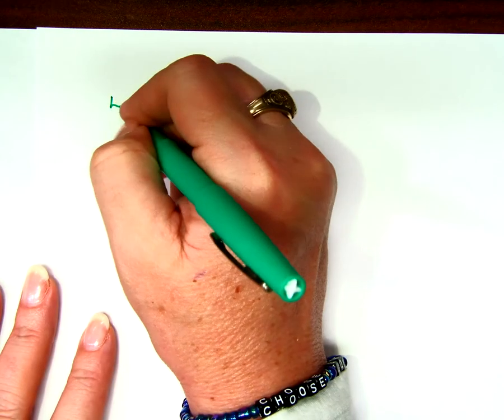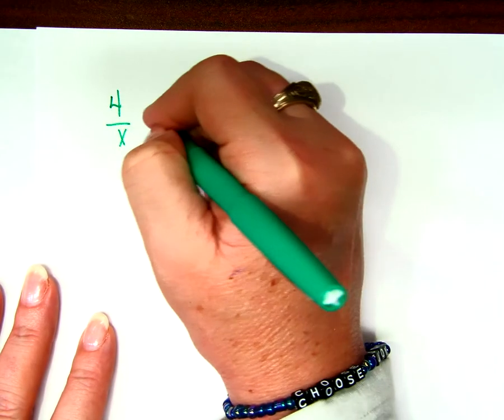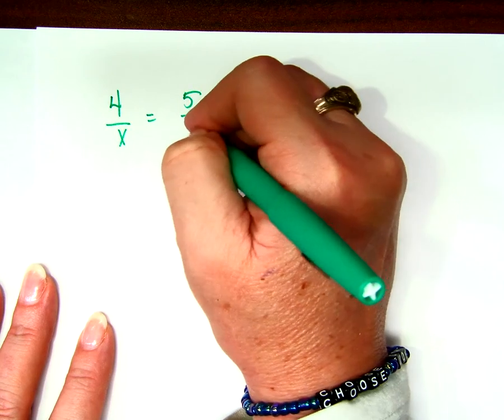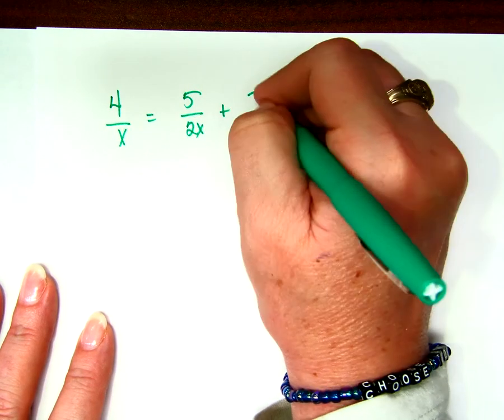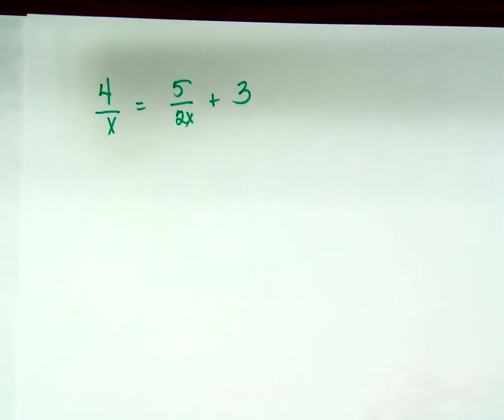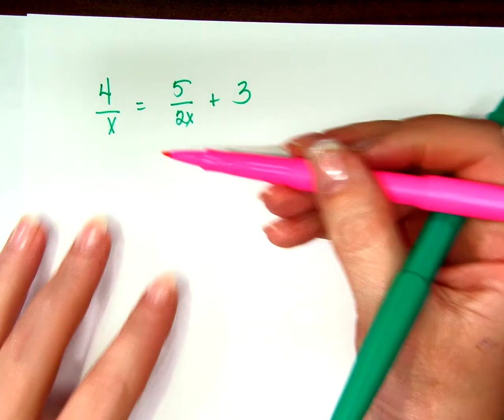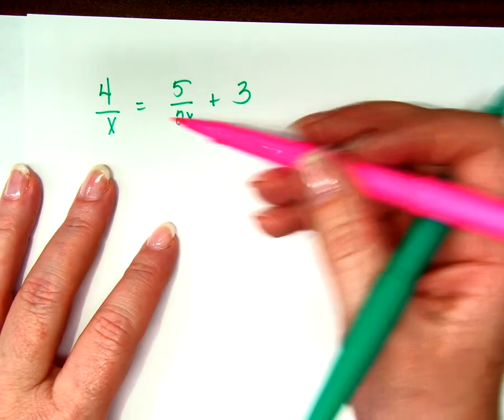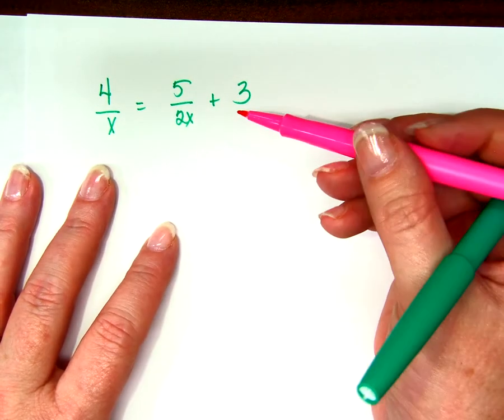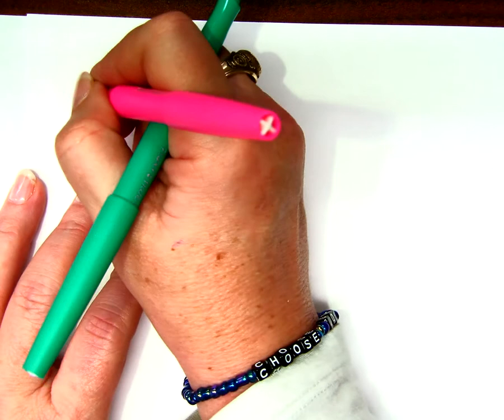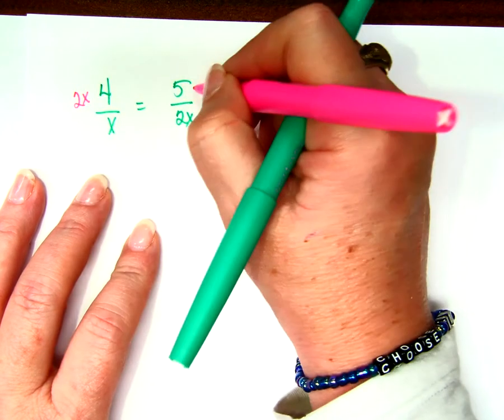So if I have 4 over x equals 5 over 2x plus 3, we need to make sure we understand how to do this question. Again, if we can get rid of the denominators, that would be ideal. To get rid of the denominators, I figure out what would be the common denominator, and in this case it would be 2x, right? And I multiply each term by 2x.